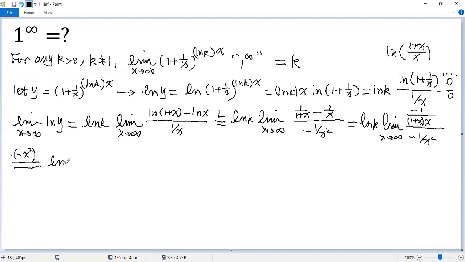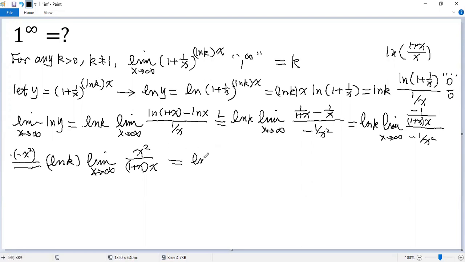So then we get ln k, and then the limit as x approaches infinity. The top we get x squared, and the bottom (1 plus x) times x. Now top and bottom divided by x squared.